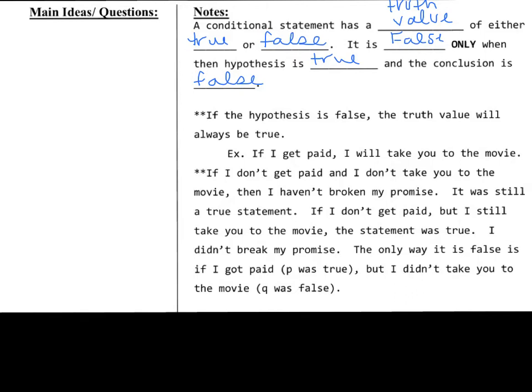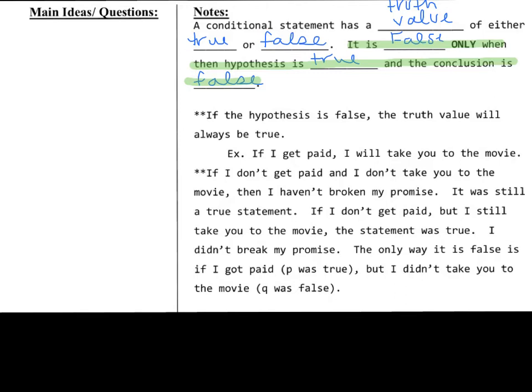So it is false only when the hypothesis is true and the conclusion is false. So a conditional statement is false only when P is true and Q is false. Okay? So this next part is kind of what we need to talk about. So if the hypothesis is false, the truth value will always be true.